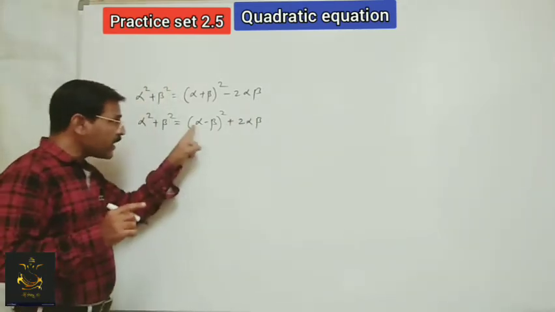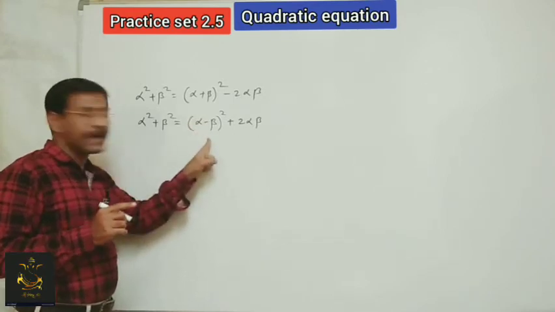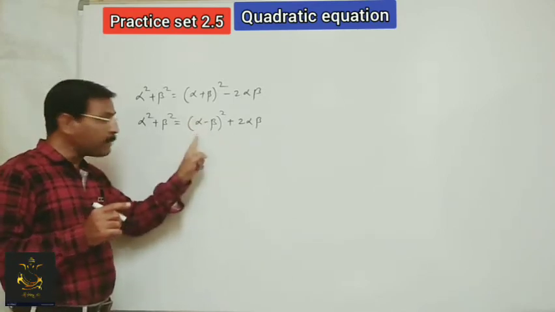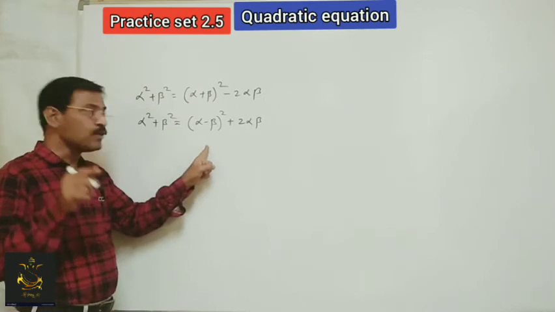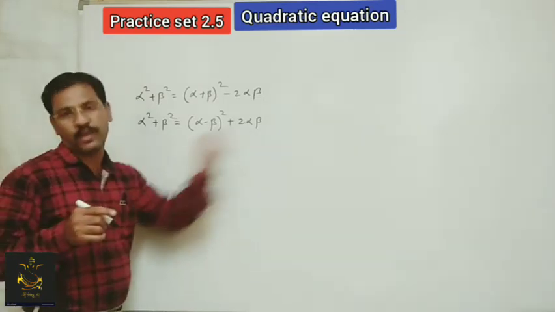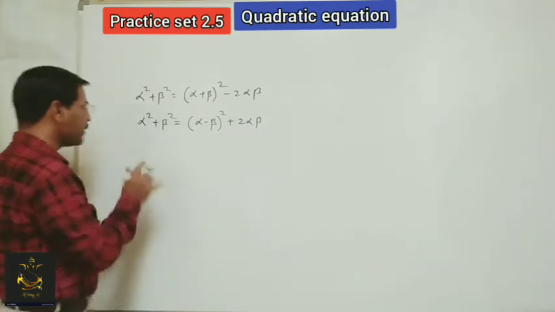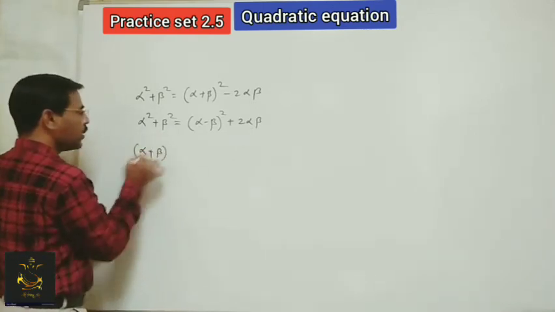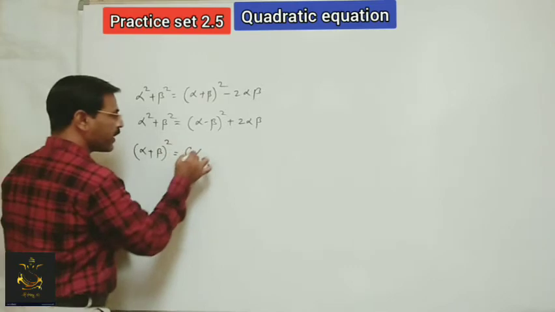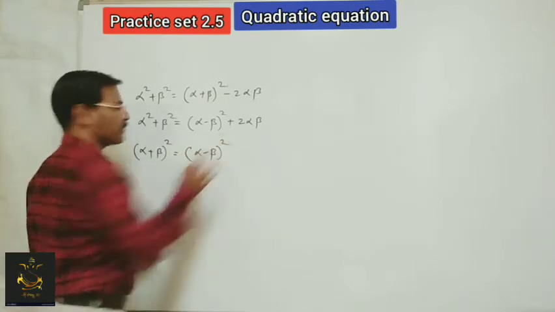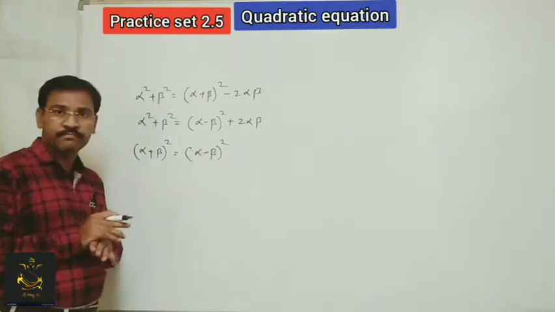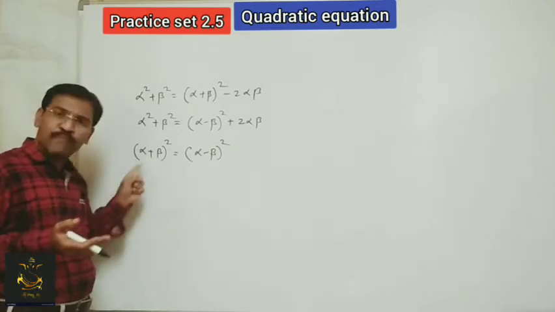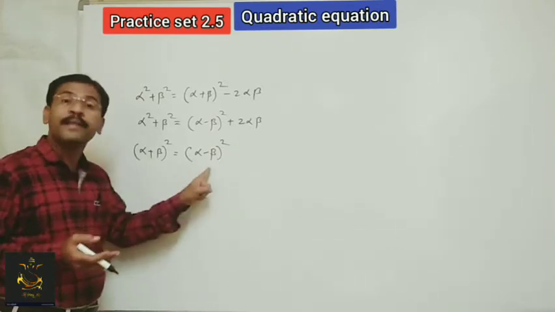Look here: alpha square minus 2 alpha beta plus beta square. But that minus 2 alpha beta is extra. To make equal, we write plus 2 alpha beta. Okay, very similarly here we can write alpha plus beta bracket square. So here we can write alpha minus beta square. Are both equal? No, here plus 2 alpha beta is there and here minus 2 alpha beta.